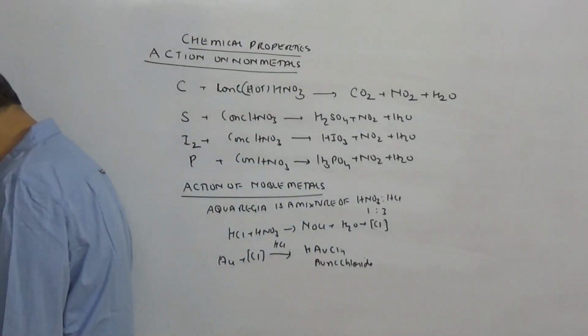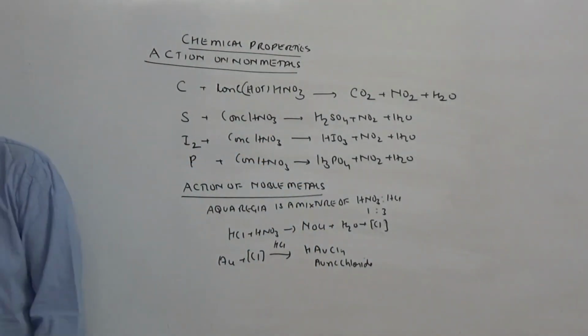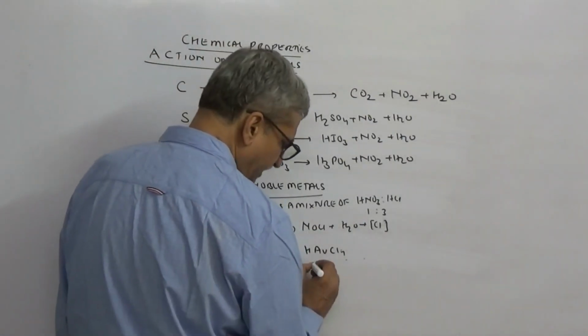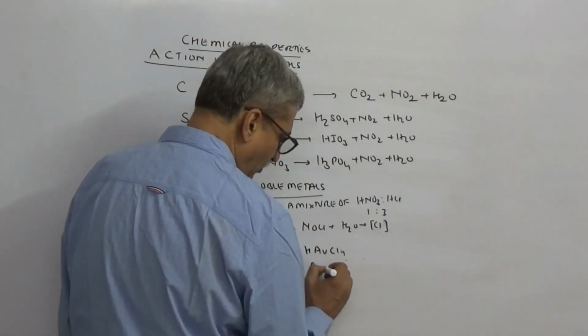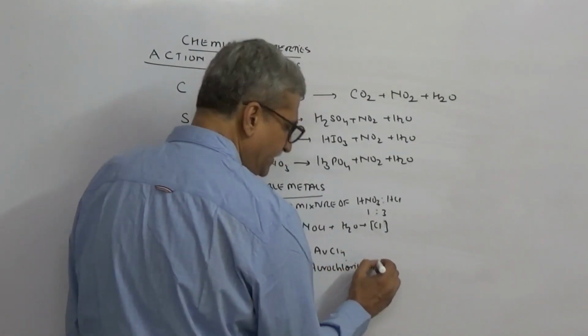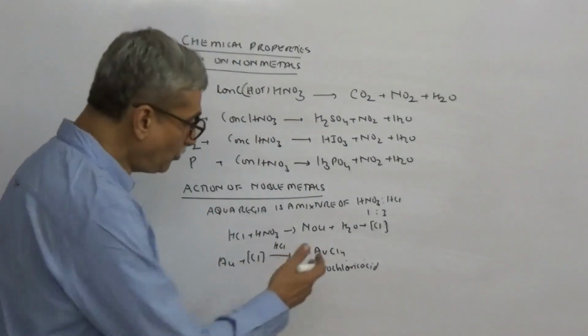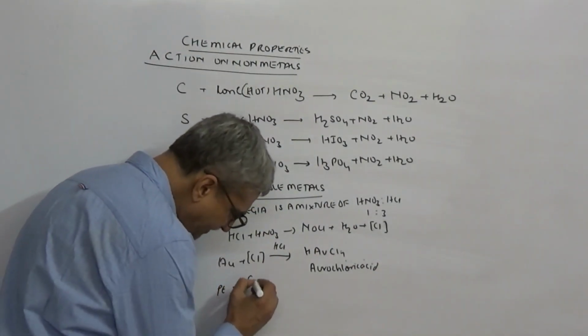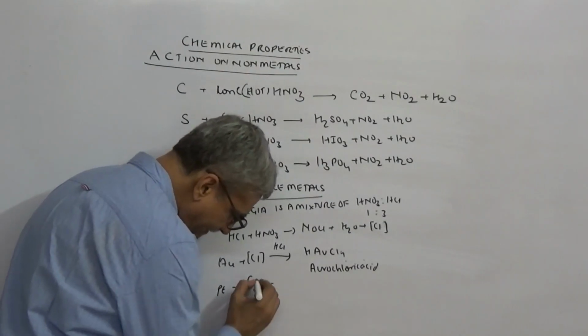Auric chloride, is this clear? Or chloroauric acid, auric chloride. So what happens? This dissolves. This is how gold is dissolved. Similarly, platinum reacts with this nascent chlorine.